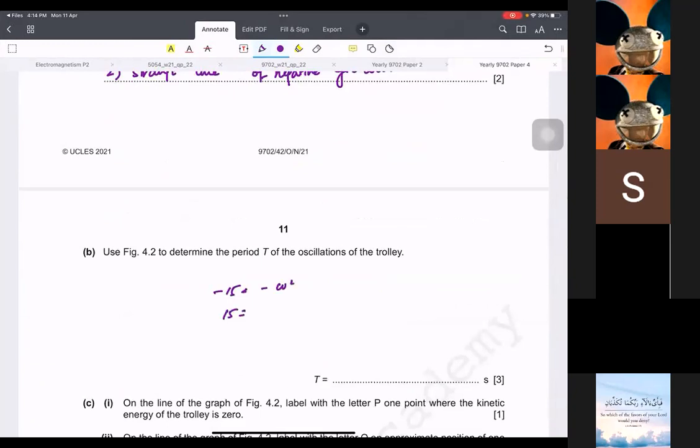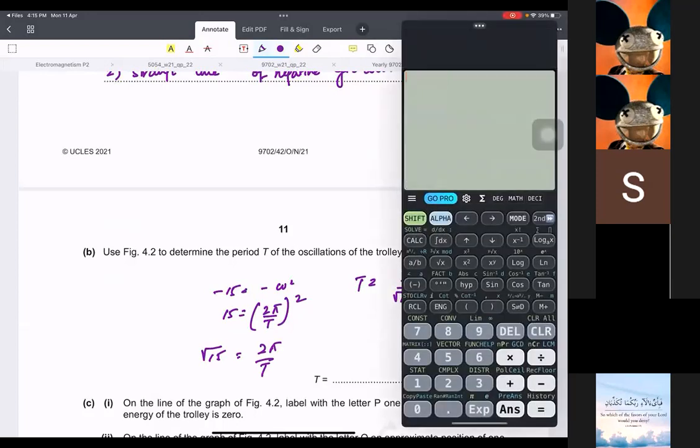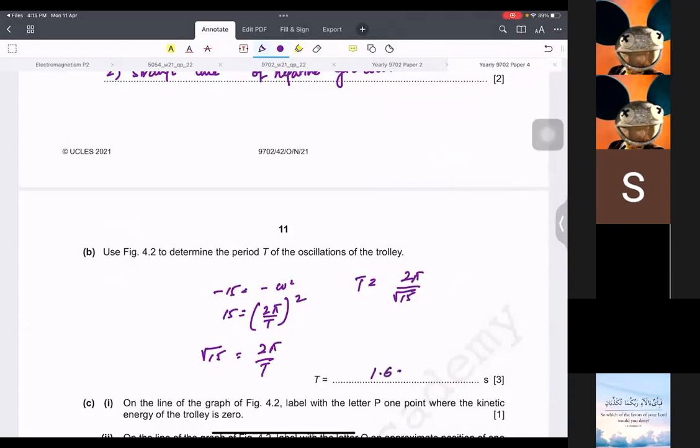Now 15 equals omega squared, and omega is 2 pi over T, so (2 pi by T) whole square. We take the under root of 15, 2 pi by T, and then T will be equal to 2 pi over under root 15. So we're going to find that.